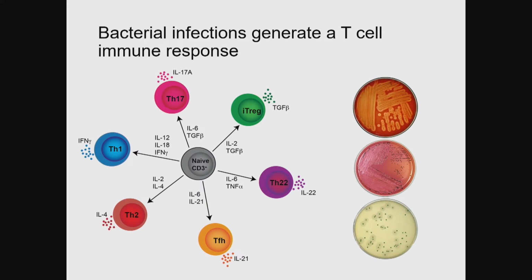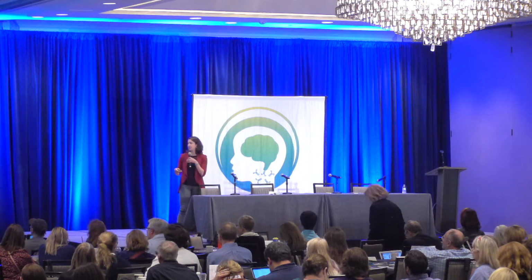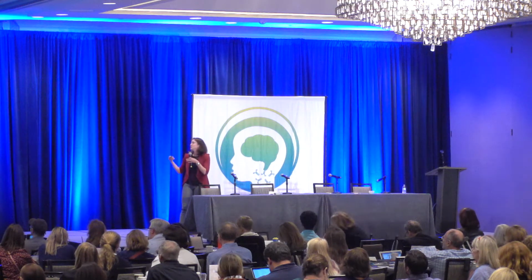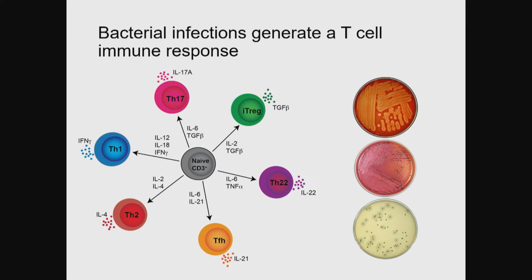And when we talk about these different immune populations, they all develop from the same naive precursors that live in lymph tissue, like your thymus and your lymph nodes. But depending on how these T cells develop and what subtype they eventually differentiate into, whether it be Th17, Th1, Th2, Th22, Tregs, follicular T cells, they secrete different cytokines, which are inflammatory molecules.